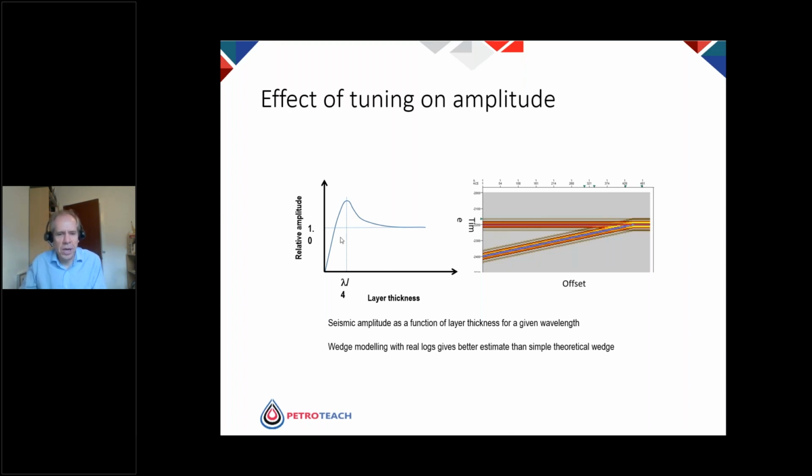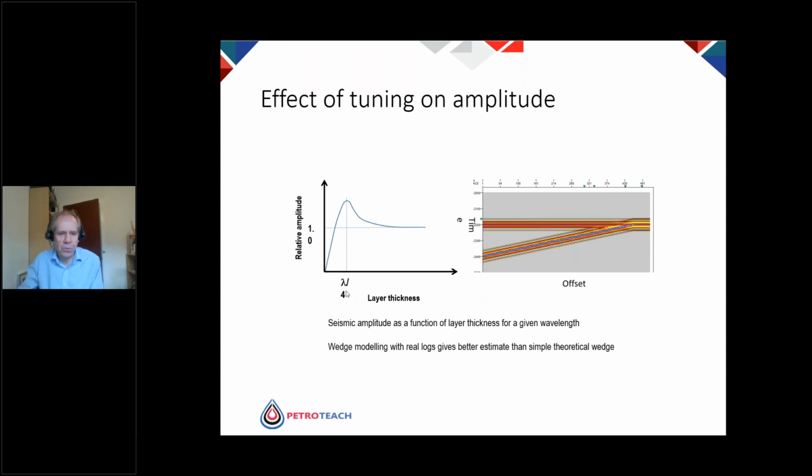In my seismic data, as my layer gets thinner, this little wedge model here, my amplitude changes, and this is going to mess up my amplitudes. So what are the actual properties here? This is something I can model, but it means I have a limit.